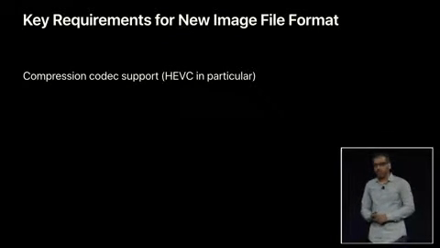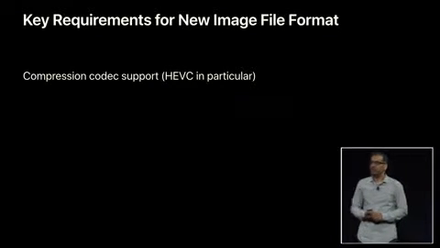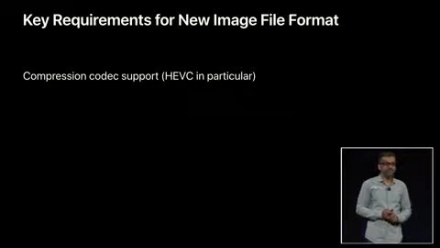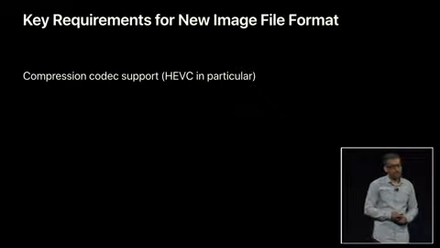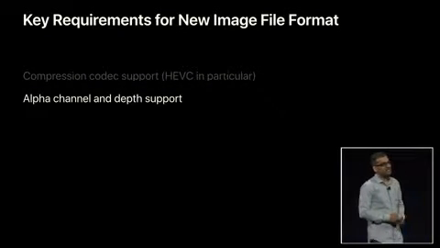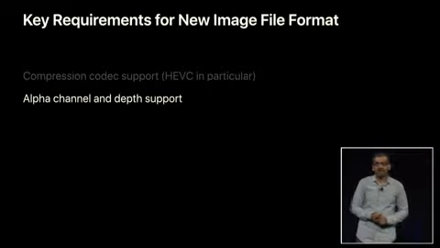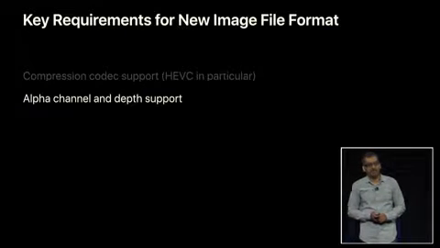So before we get into HEIF, let's talk a little bit about the requirements that we wanted satisfied when adopting a new file format for images. We wanted support for state-of-the-art compression technology, with HEVC being the primary consideration. We wanted explicit support for alpha and depth channels as primary asset types.